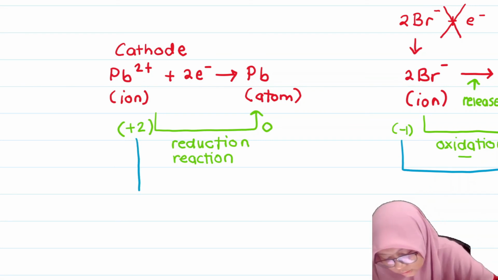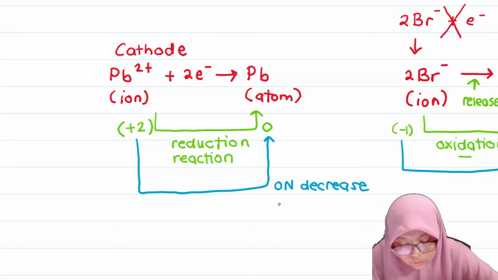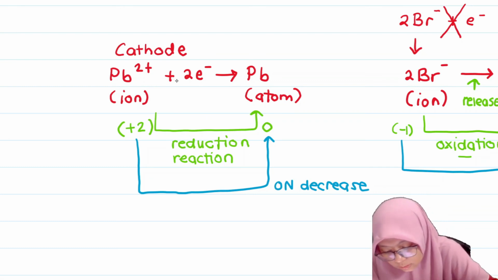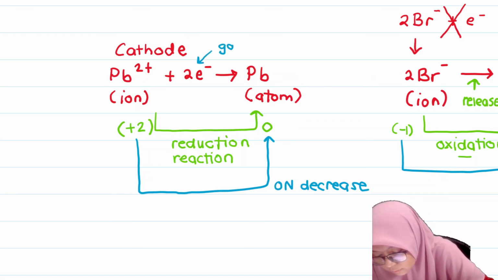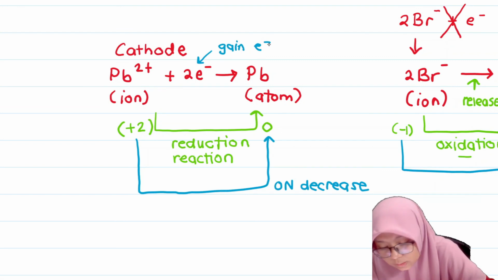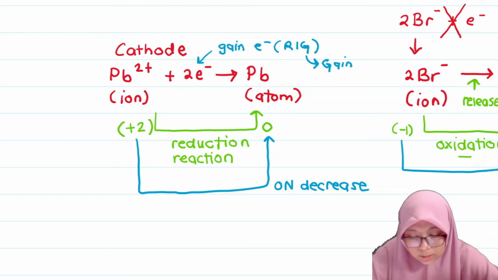So the oxidation number decreases. So we can say that this is a reduction reaction. And if you want to explain in terms of gain of electron, this is gain of electron. Again, just remember reduction is gain of electron. So this is a reduction reaction.